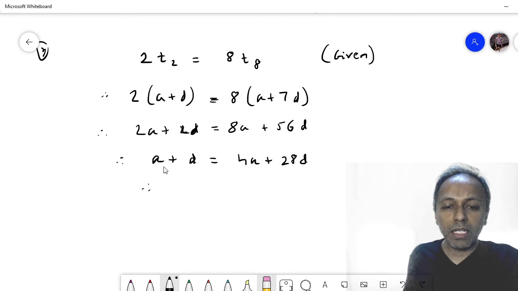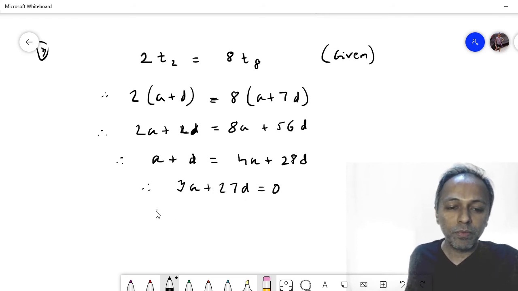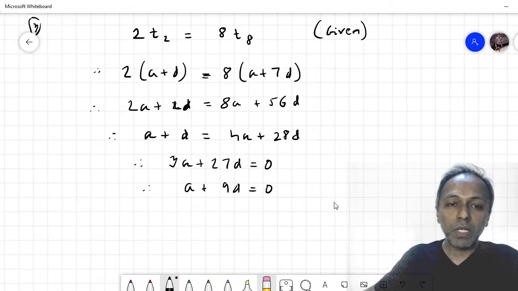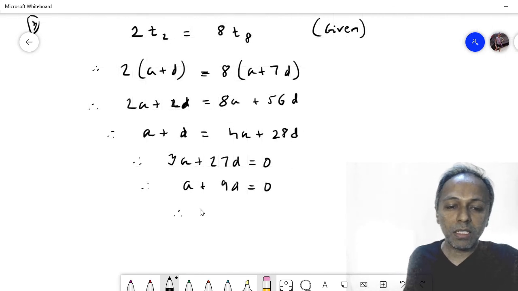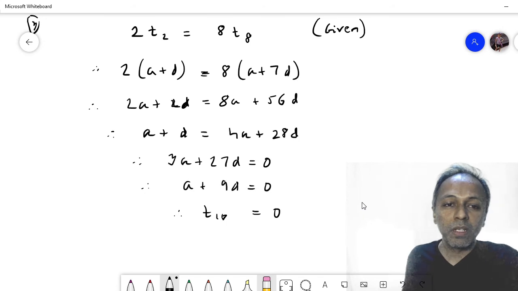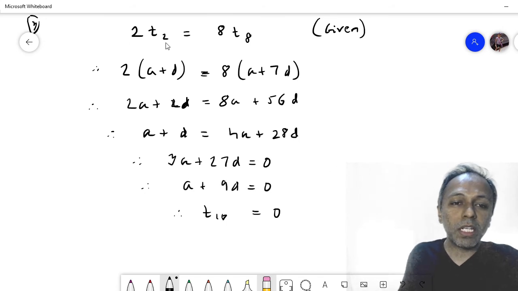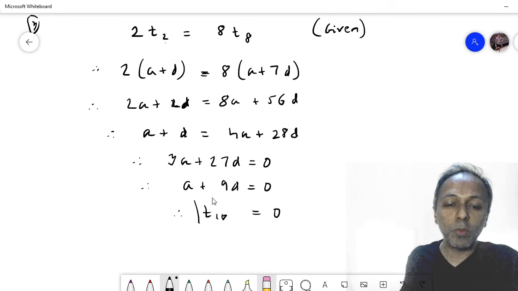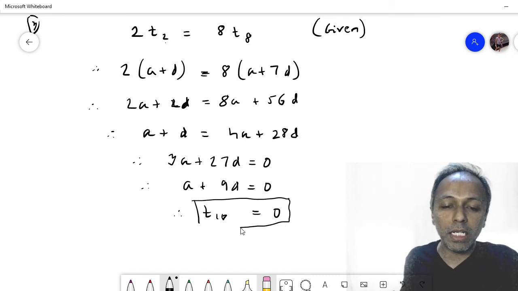Therefore let's subtract a from 4a, it will become 3a. Subtract d from 28d, it will become 27d, is equal to 0. We can divide by 3. So a plus 9d is equal to 0. But a plus 9d represents t10. So t10 is 0. So when 2 times t2 is equal to 8 times t8, you are getting the result t10 equal to 0.